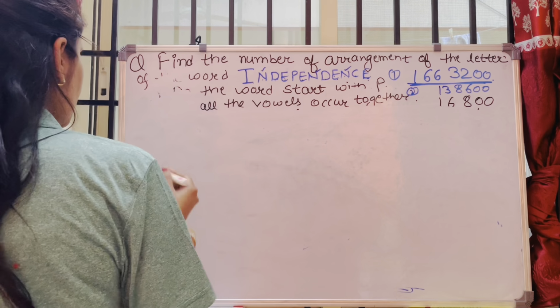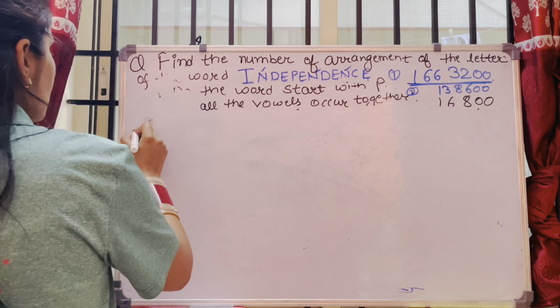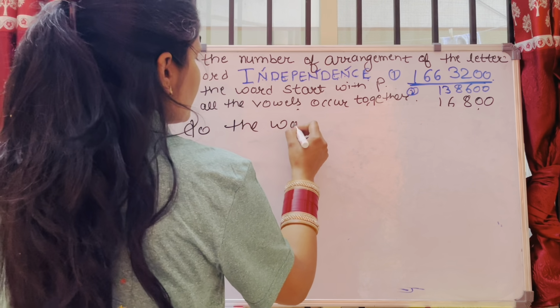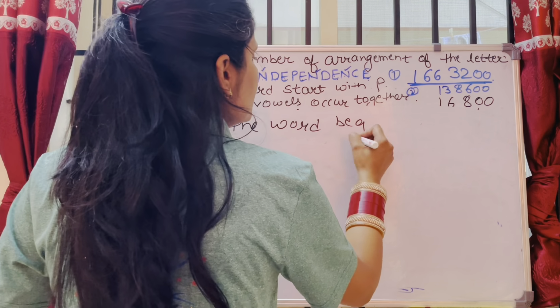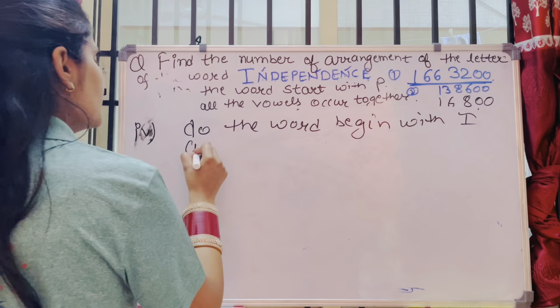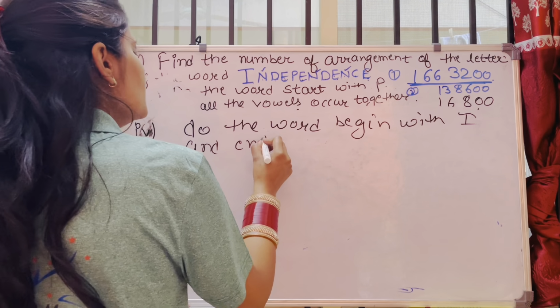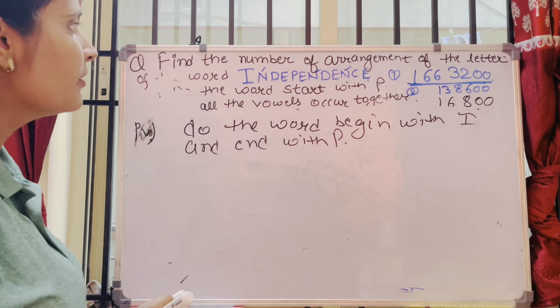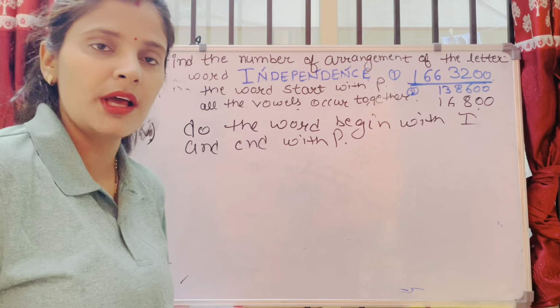So the fourth condition is, do the words begin with I and end with P? Right? So in Independence, there are 12 letters.